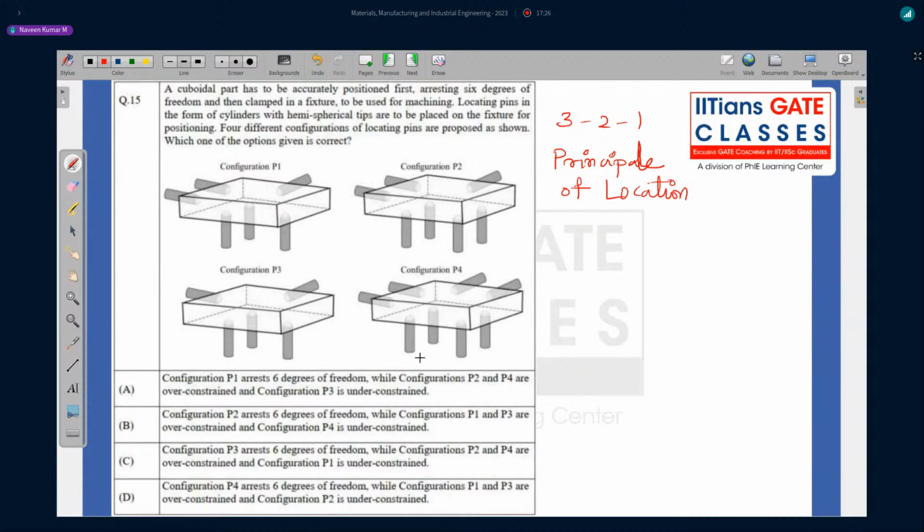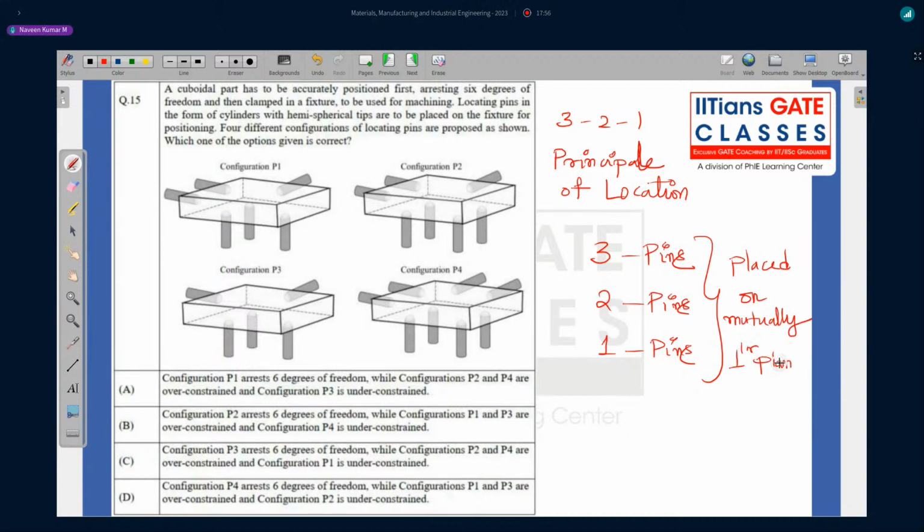So in these diagrams, can you see in which configuration you can see 3-2-1, with these 3 pins, 2 pins, and 1 pin placed on mutually perpendicular planes.